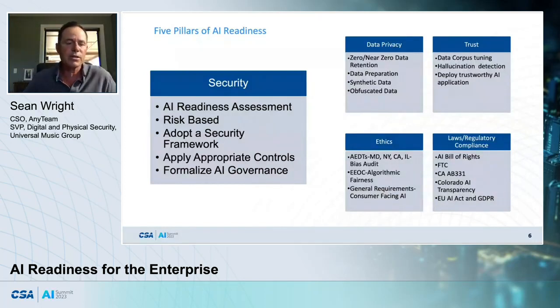Apply appropriate controls and really formalize some sort of an AI governance program around AI technology for your business. This is probably one of the most critical areas: having some sort of a formal organization that can manage and ensure that the business is following the various policies that you've created and adhering to the controls that you've implemented and put in place.